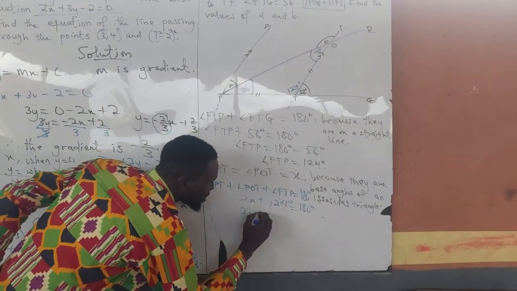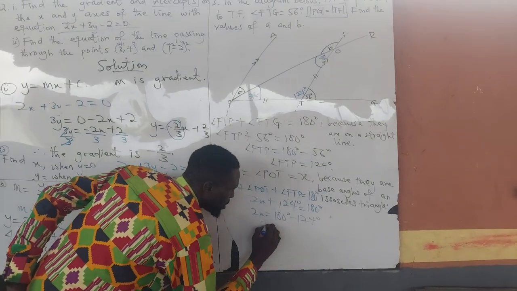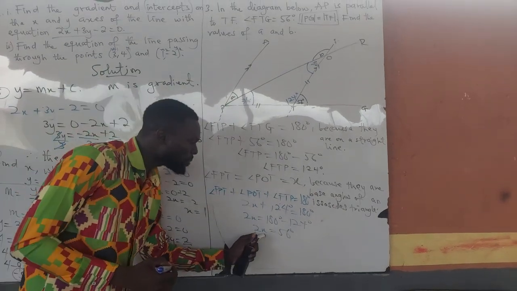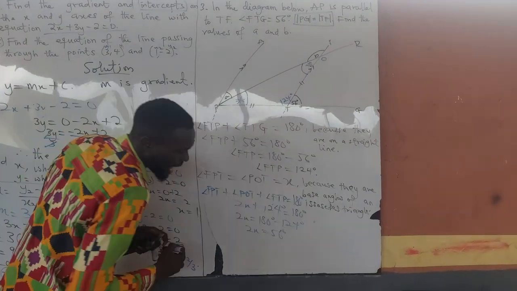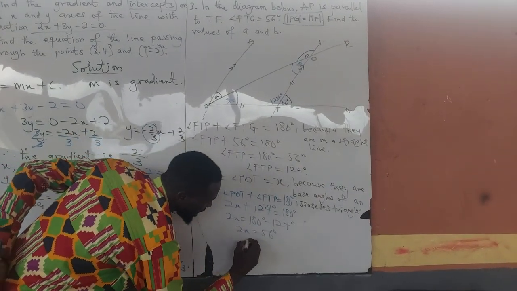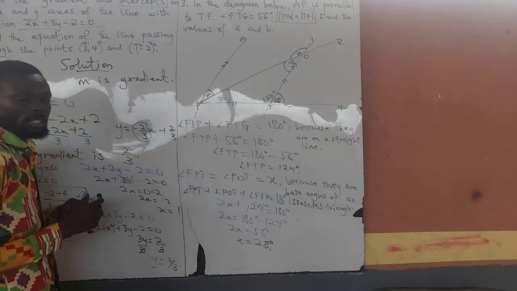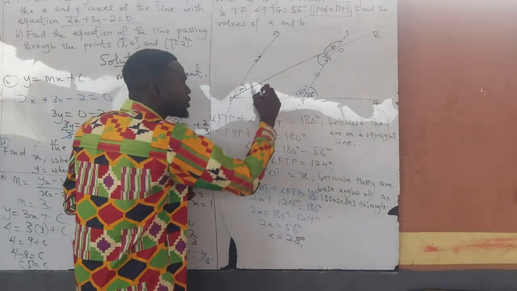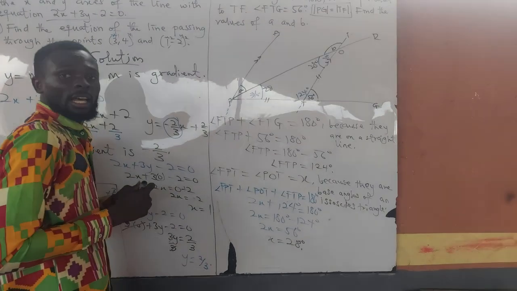So 2X is equal to 180 degrees minus 124. You have 2X to be 56 degrees. So you divide by 2, divide by 2. And what are we getting? We are getting X to be equal to 28 degrees. So this angle happens to be 28. This angle happens to be 28.